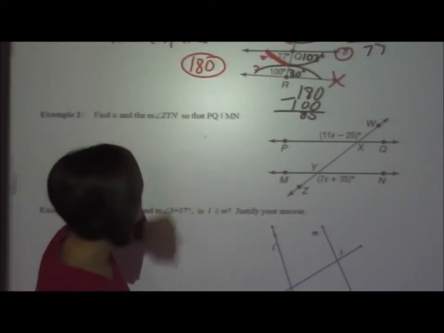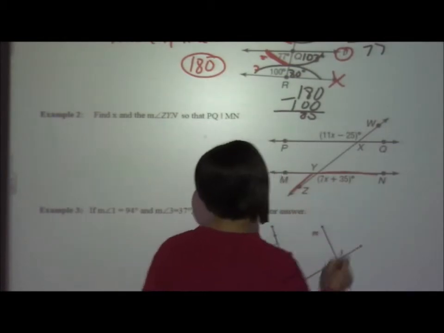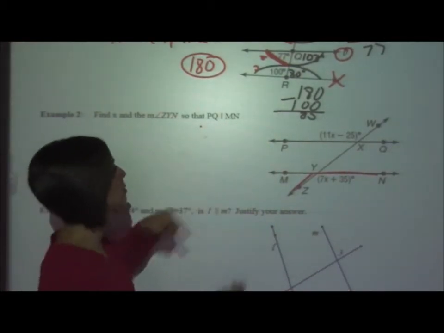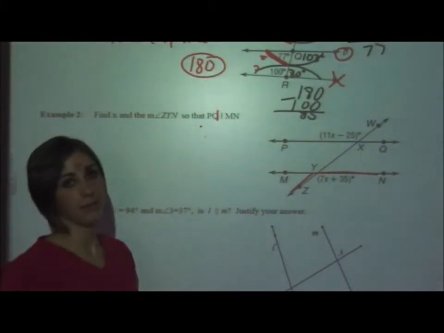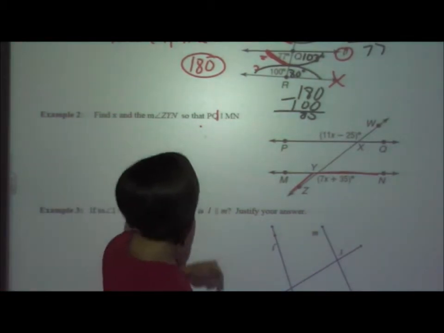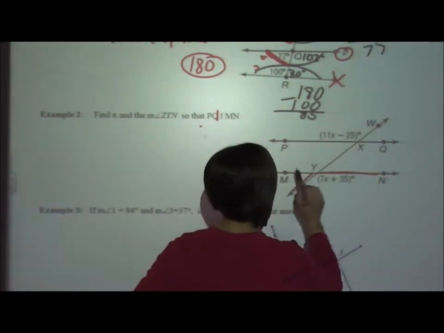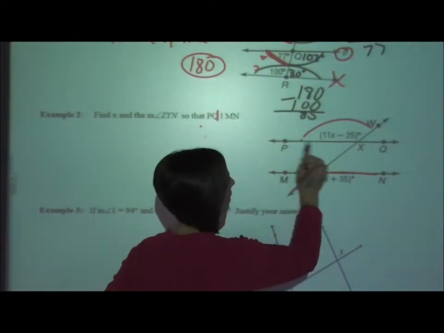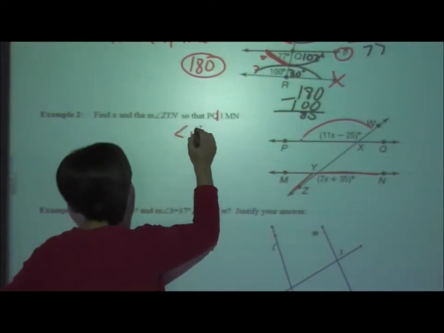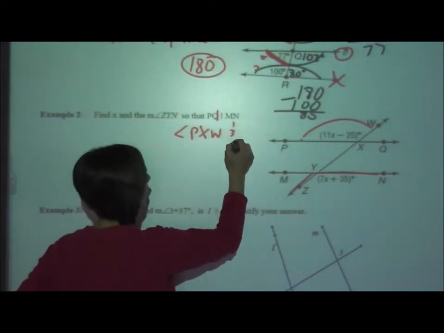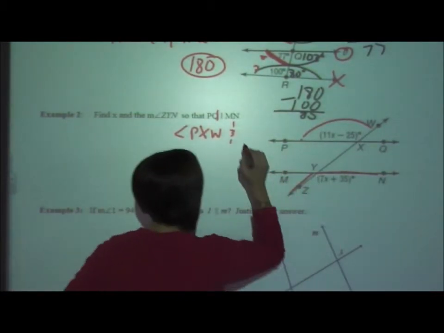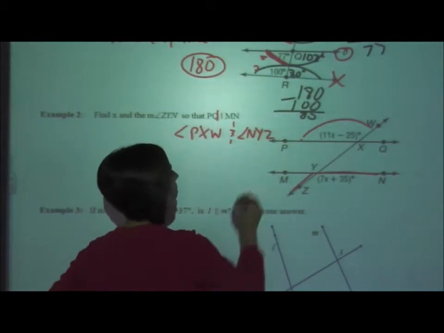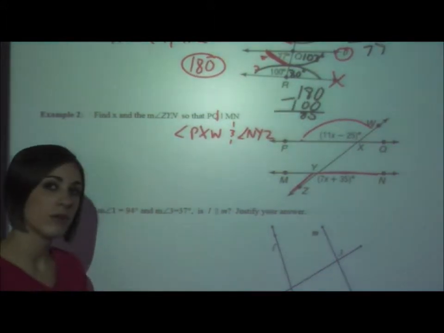All right, the next example says find x and the measure of ZYN, so here's ZYN, so that PQ is parallel to MN. So PQ is parallel to MN, then this angle PXW and this angle NYZ are alternate exterior angles.